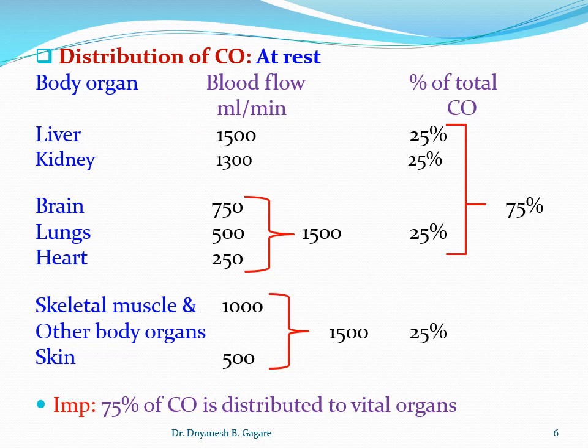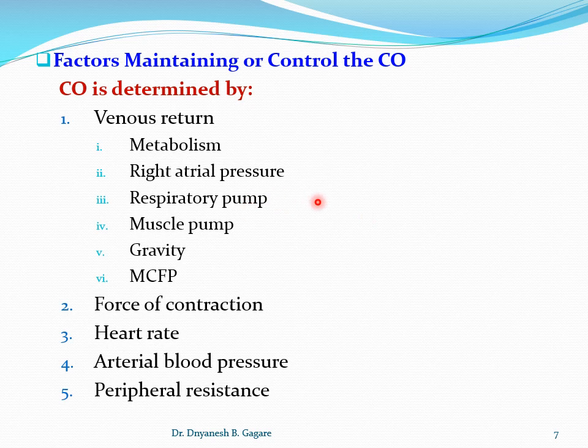output. Okay, now students, coming to the main part of this class, that is the factors maintaining the cardiac output, or the factors that control the cardiac output, or the factors that determine the cardiac output, or the factors affecting the cardiac output. The question can use a different word, but you should understand that you have to explain the factors which determine or regulate the cardiac output.